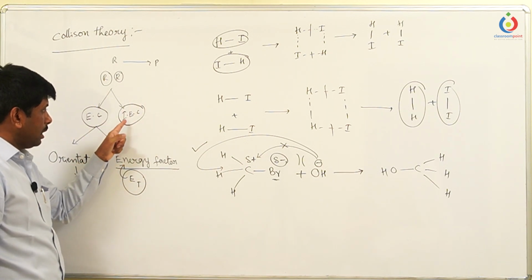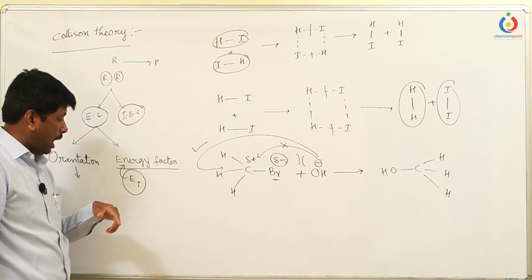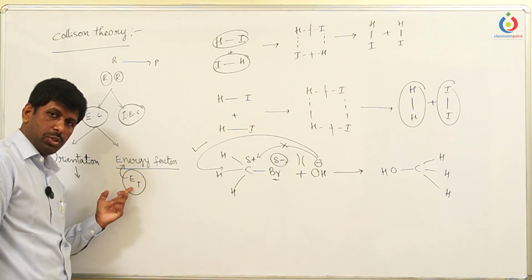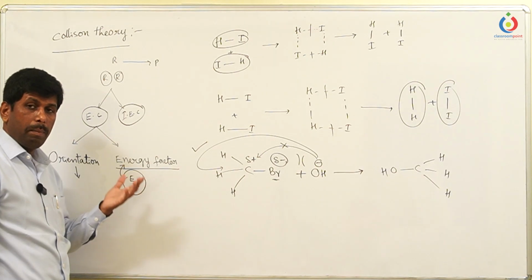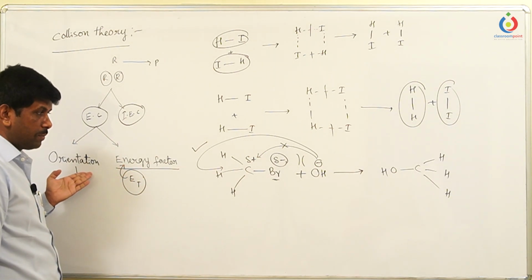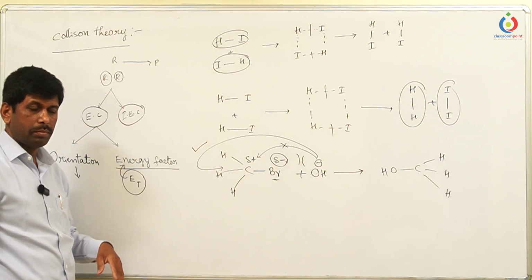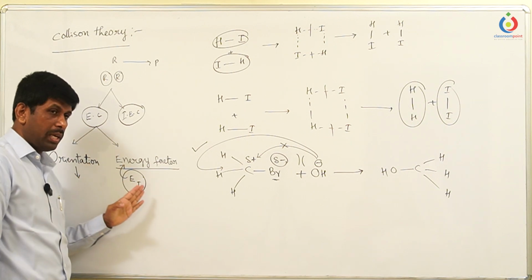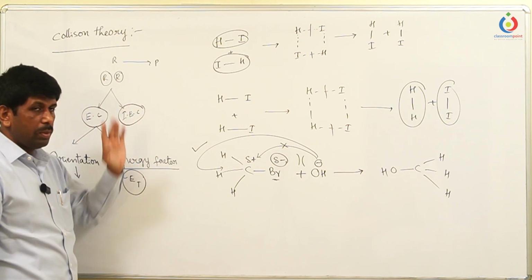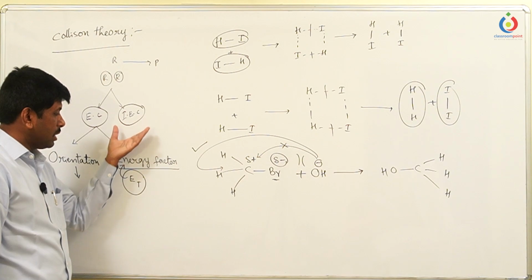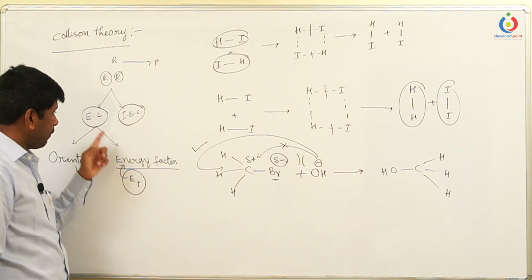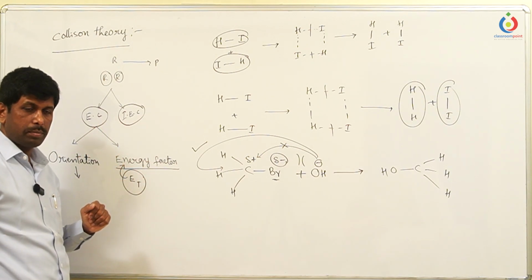For example, in ineffective collisions, they may have sufficient threshold energy but lack the orientation, so they don't give the products. If they have the orientation but energy is not there, then also they don't give the products. So ineffective collisions lack one of these, and effective collisions have both.